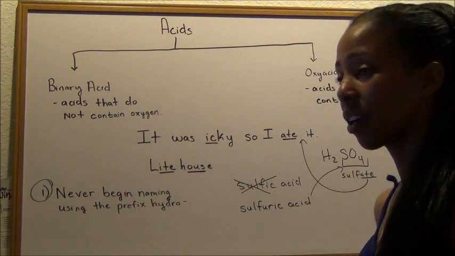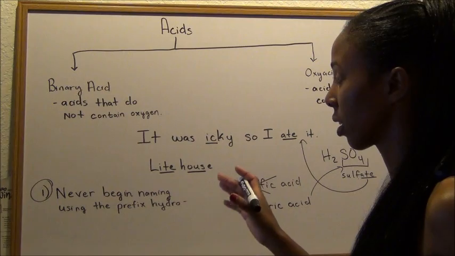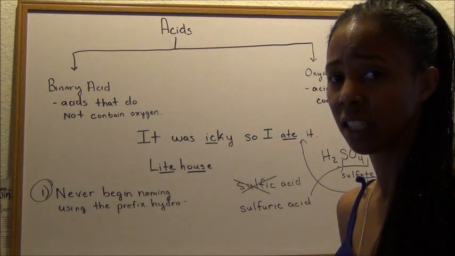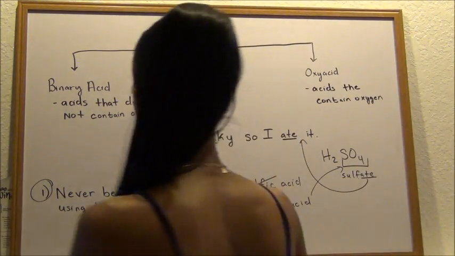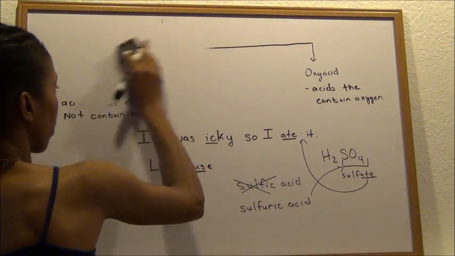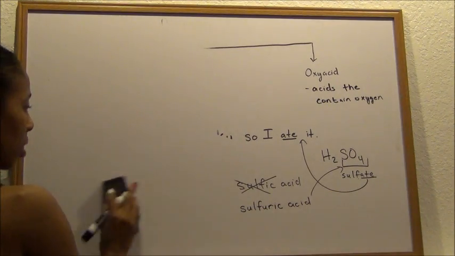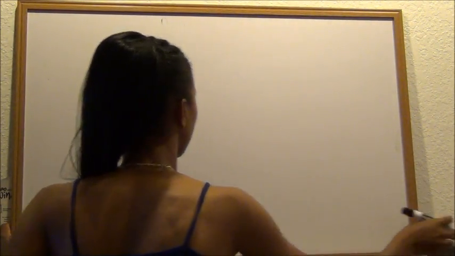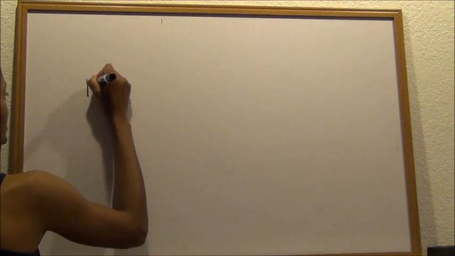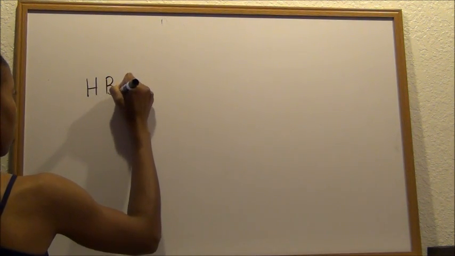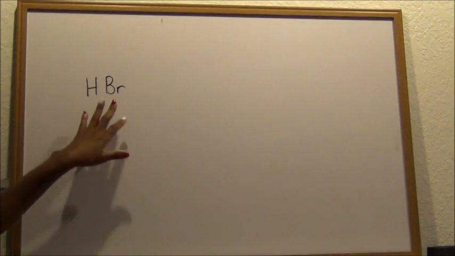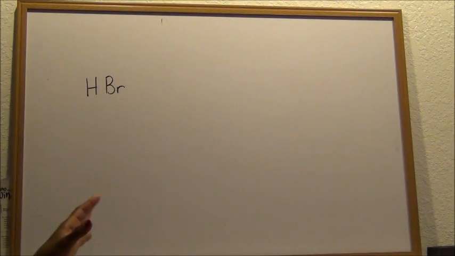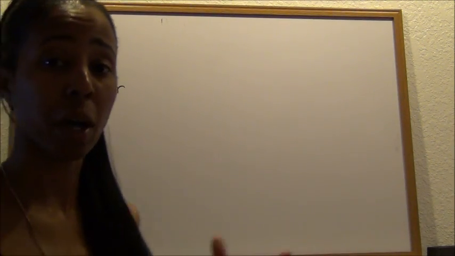So, now you've learned a little bit about how to differentiate between a binary acid and an oxyacid. Let's put it all together. Let's see if you guys truly remember. If we take a look at this molecule here, we have HBr. The first thing I want you to do is pause the video.